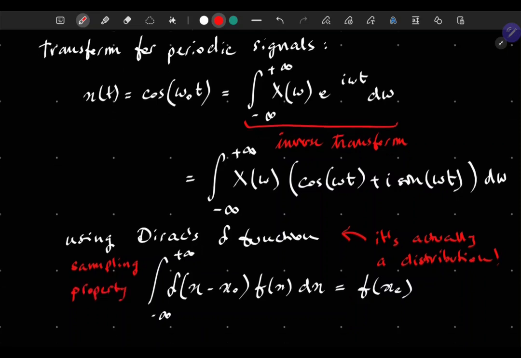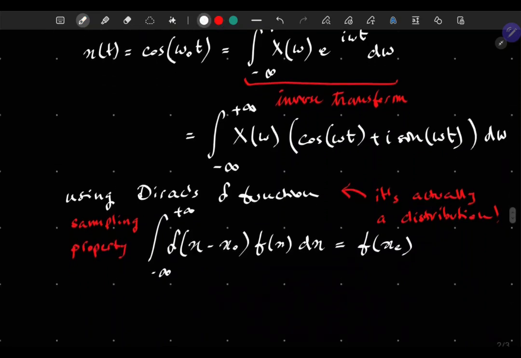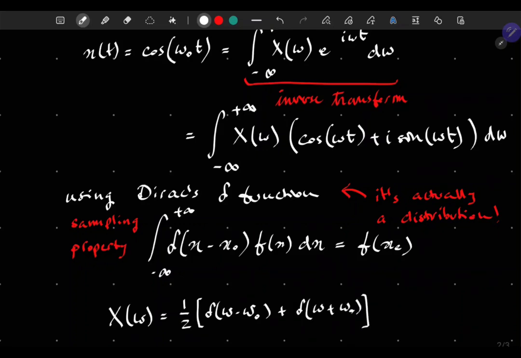And so we immediately find that the solution to this problem is given by x of omega equals 1/2 of delta of omega minus omega naught plus delta of omega plus omega naught.